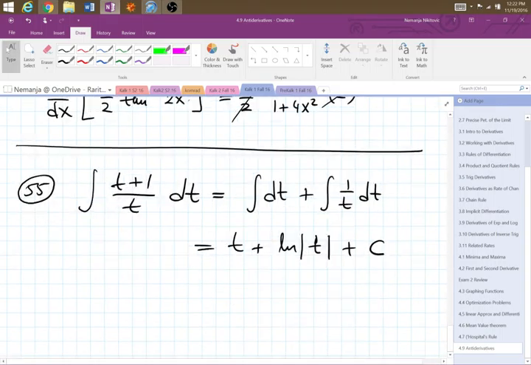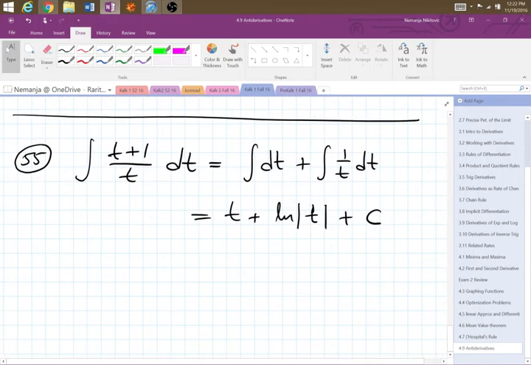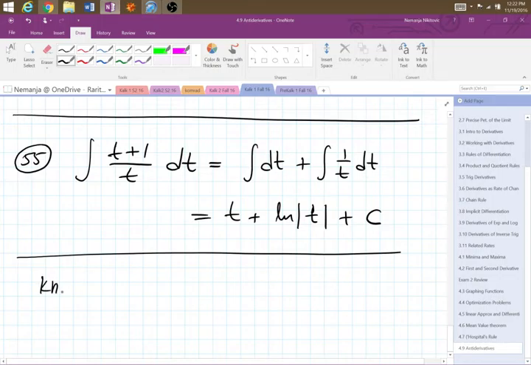See, that's the exception. You know that the derivative of ln x is 1 over x.